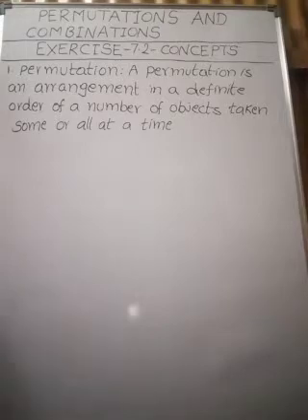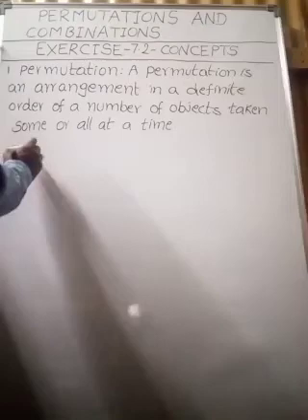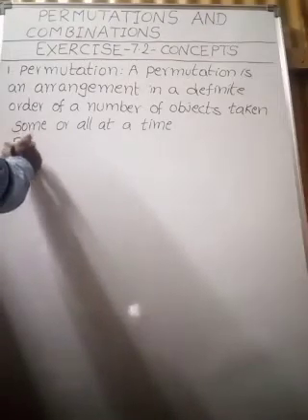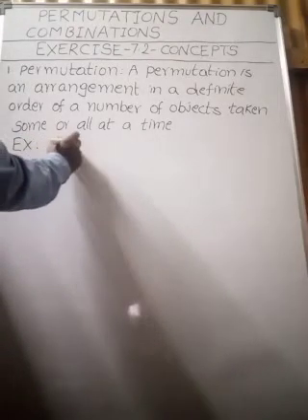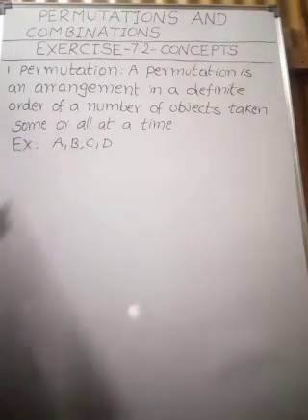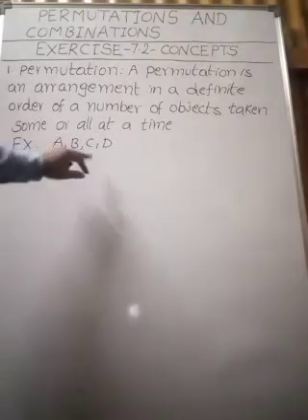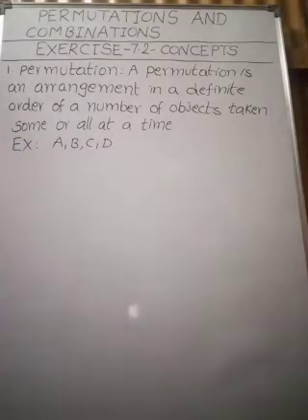To understand this definition well, let us take an example. Suppose four letters are there. We are given four letters. How many two letters can be formed by using these four letters?